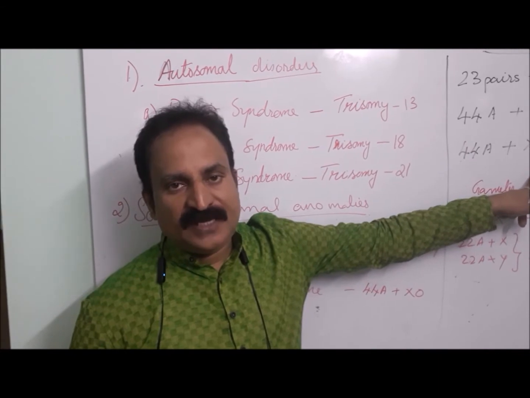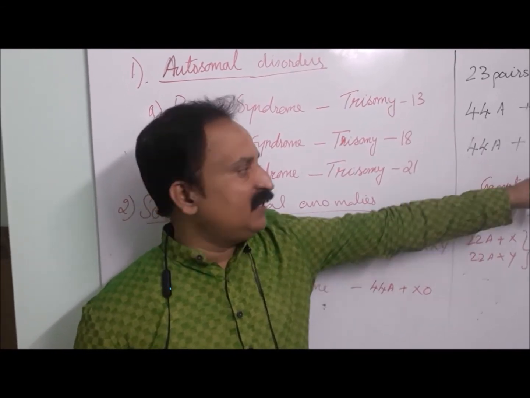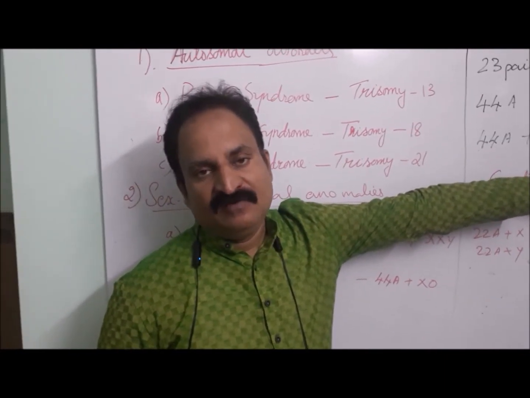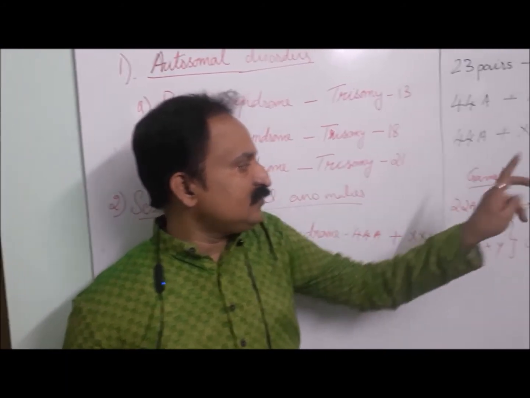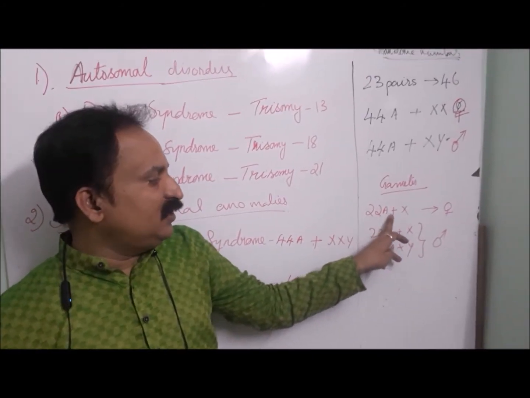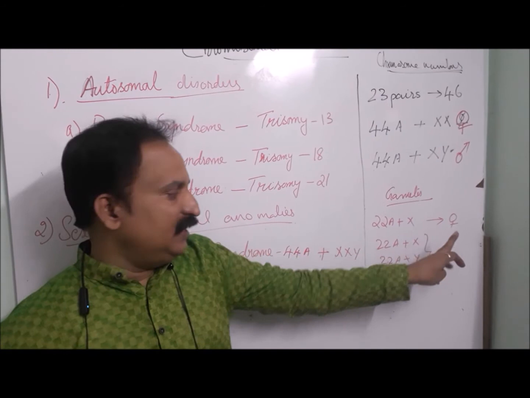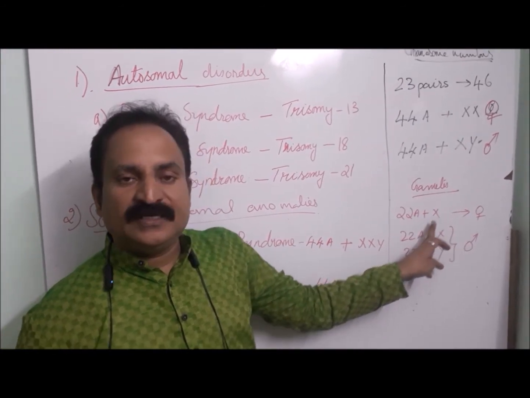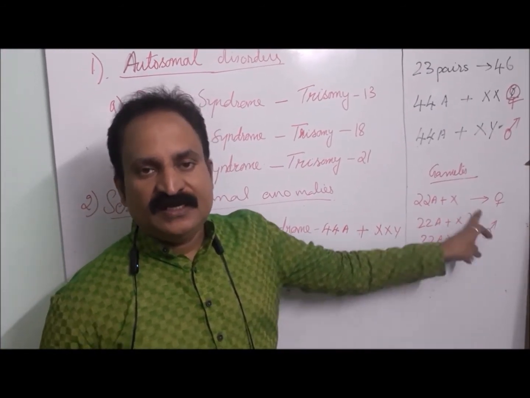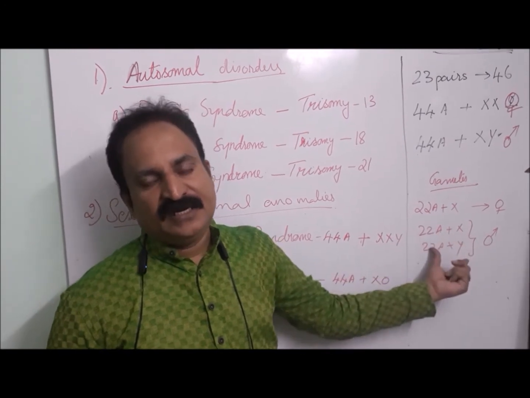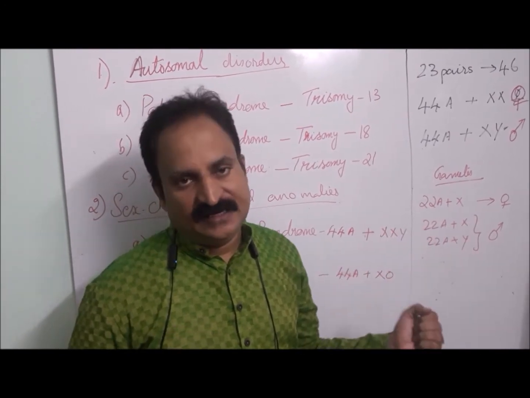In the gametes, 22 autosomes plus X in female, and 22 autosomes plus either X or Y in the case of male, which determines the sex of the child.